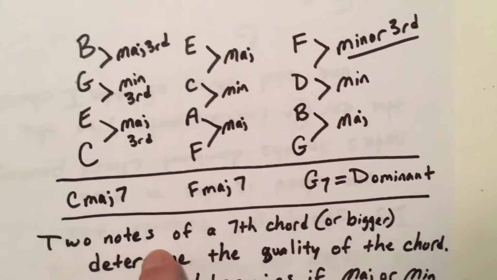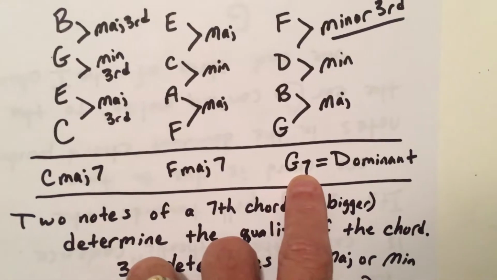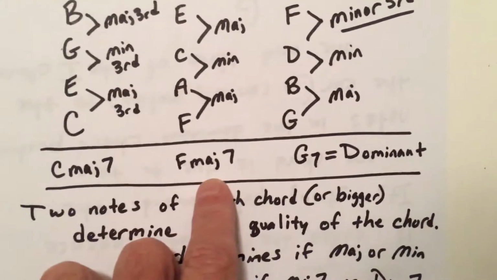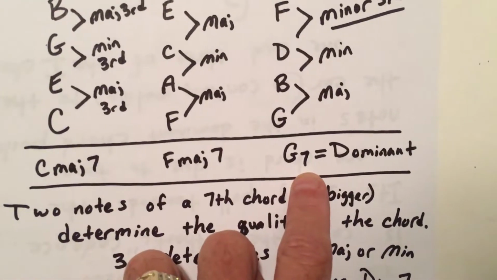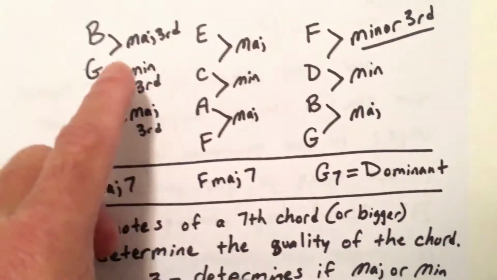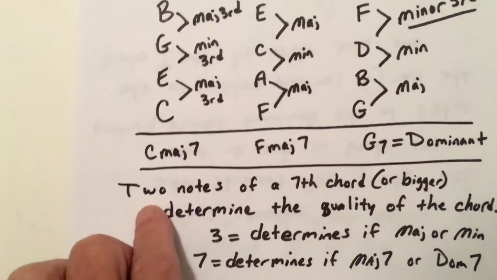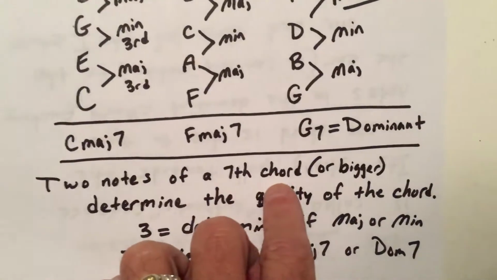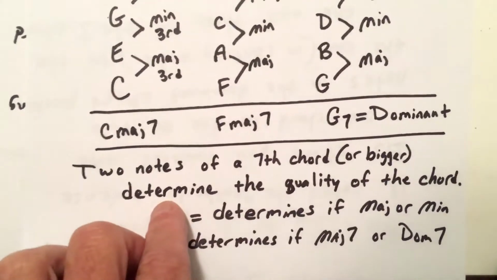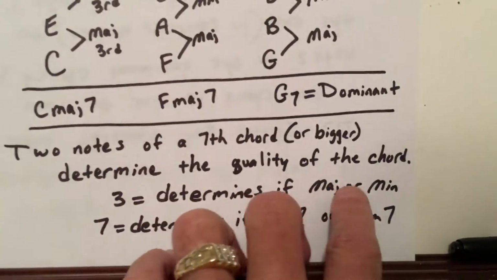There are 2 types of 7 chords: major 7 chords and dominant 7 chords. Major 7, dominant. Every chord is going to be major or minor or major 7 or dominant, because only 2 notes of the 7th chord, or any 7th chord, or even a bigger chord like a 13 chord, determine the quality of the chord.